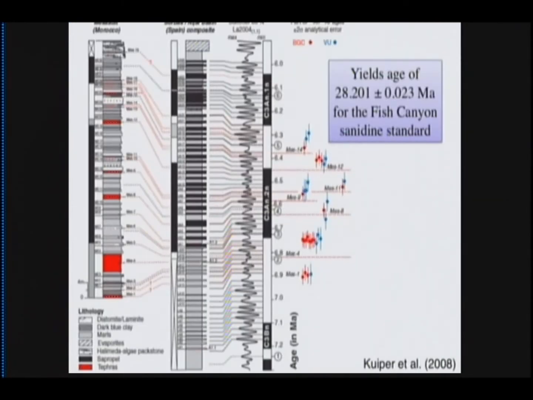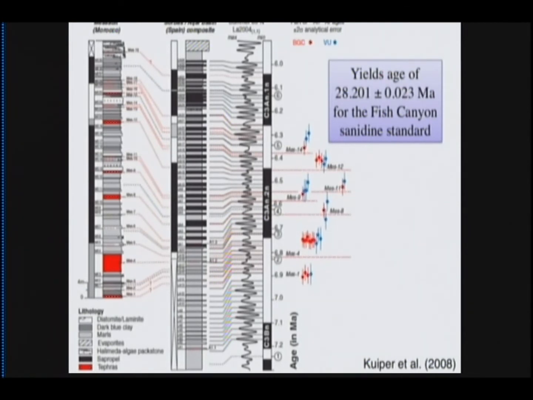So we can get a very precise age for this standard, but the question is now, in order to apply this age to calculate the age of a sample, the uncertainties in the decay constant are still a fact of life. You still have to deal with those.